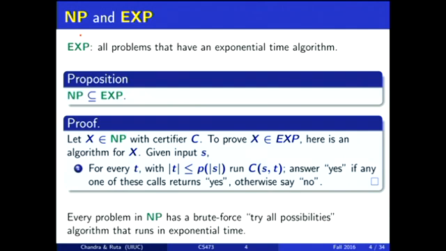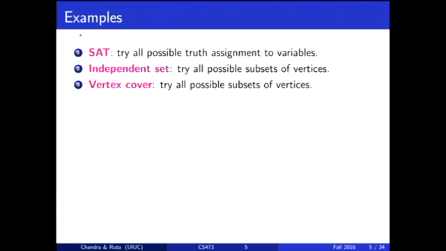A simple example is SAT. What is the certifier? The certifier checks, given a truth assignment, whether it satisfies the formula. So you run the certifier on all possible truth assignments, and if any of them says yes, you say it is satisfiable. If all of them say no, then we know the formula is not satisfiable.